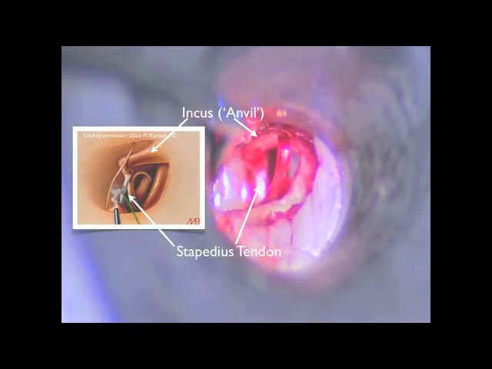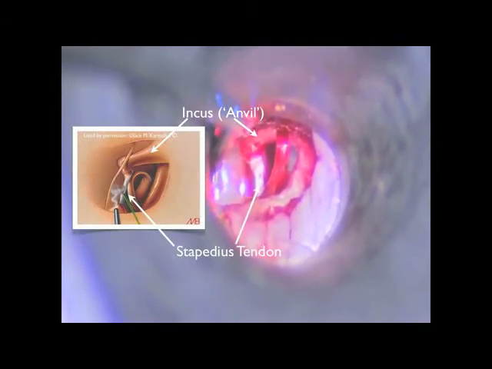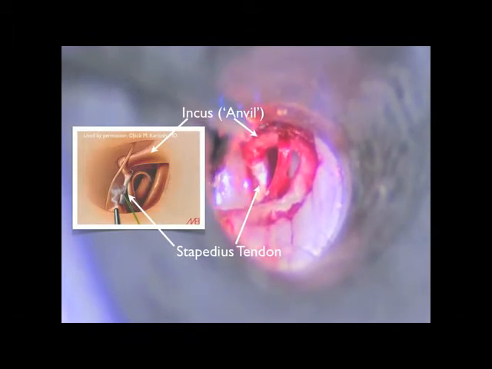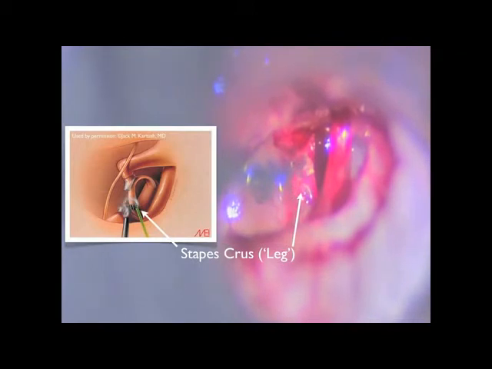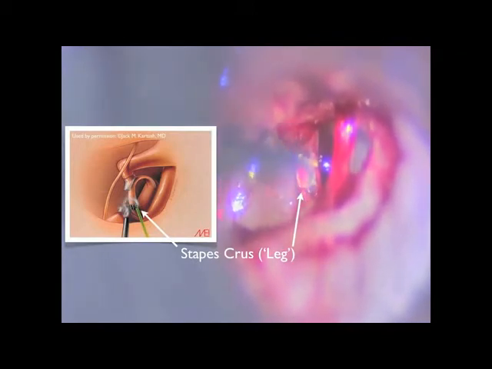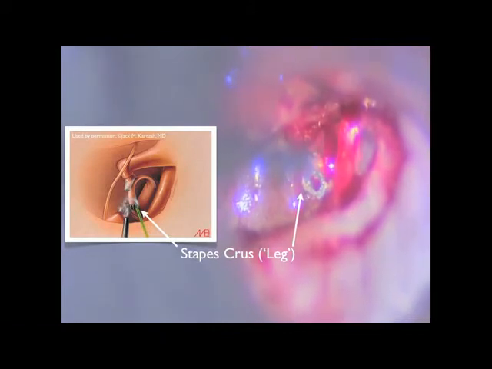After elevating the patient's eardrum and protecting the chorda tympani or taste nerve, the tendon of the stapedius muscle is vaporized with a CO2 laser. Next, the posterior crus or leg of the stapes is vaporized with the laser.